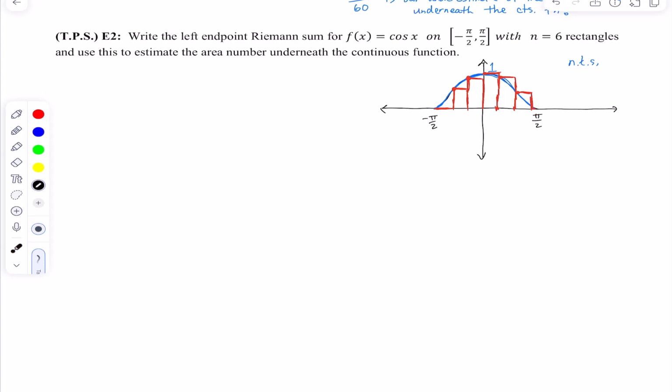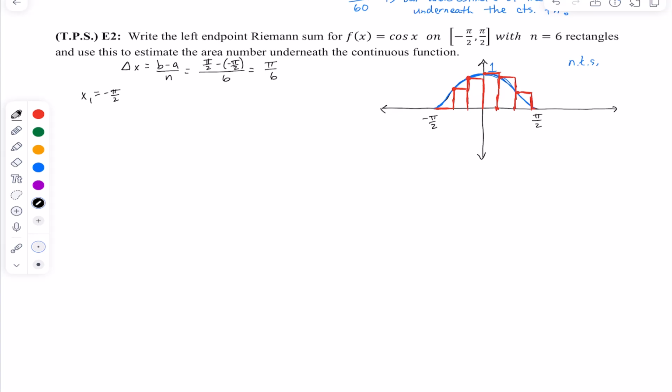Now, how do we get our sampling points? Well, we know our delta x. Delta x is just a formula. And we get our delta x to be pi over 6. Now we already know our first left endpoint. Our first left endpoint is actually x sub 1, which is negative pi over 2.